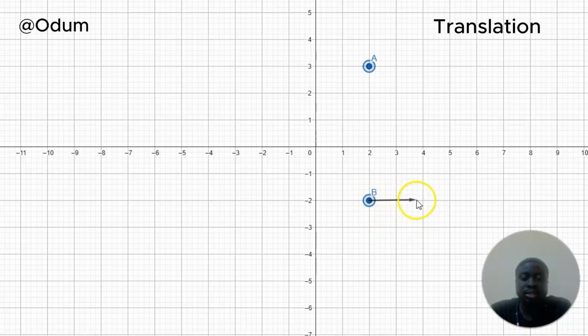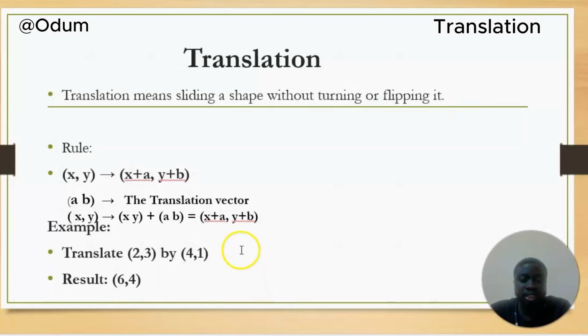So 1, 2, 3, 4 units to the right. Then you move 1 unit up, because it's (4, 1). Then you have the image there.